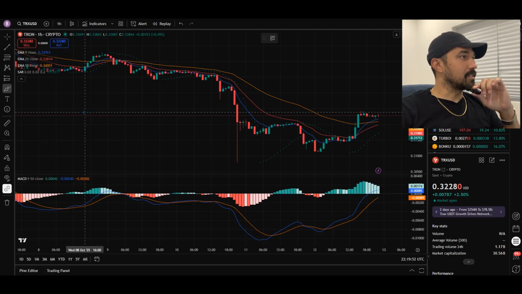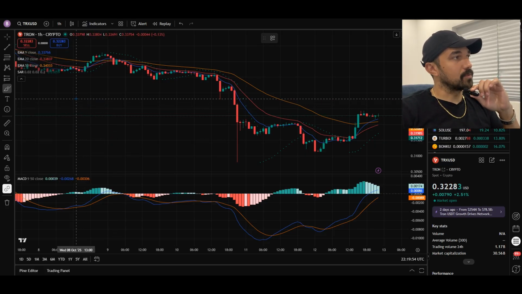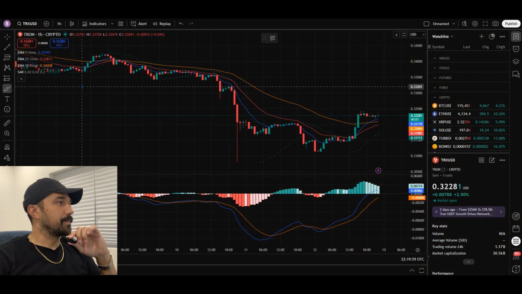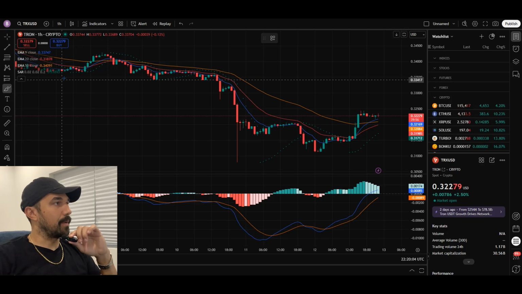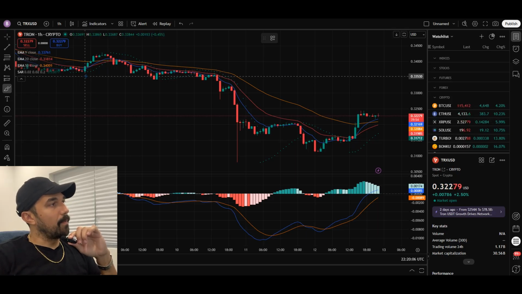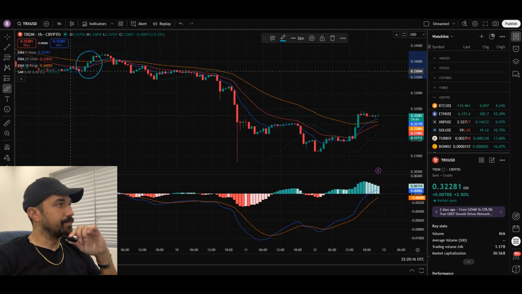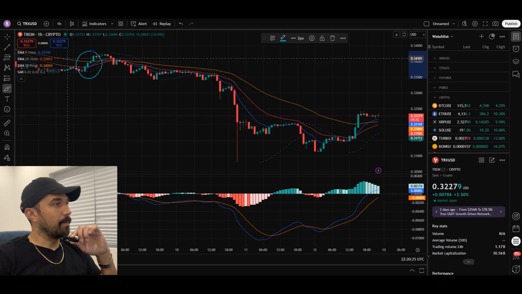But let me just see how things were moving for Tron the past week or so. As we see, it was in a consolidation zone right here, and it managed to break out. But I want to showcase this area here, right? As we've seen, we have the 9-day EMA, which is my blue line, the 20-day EMA, and the 50-day EMA.